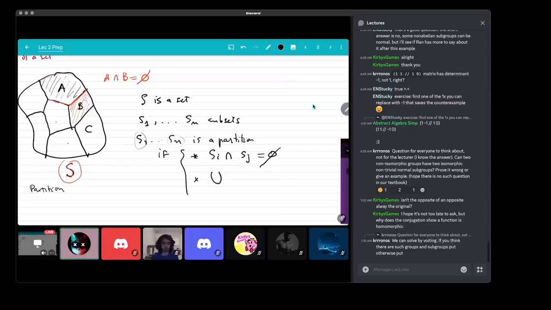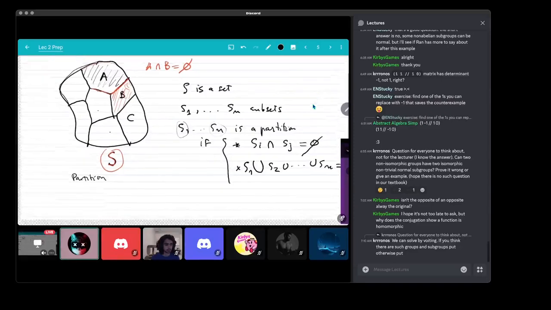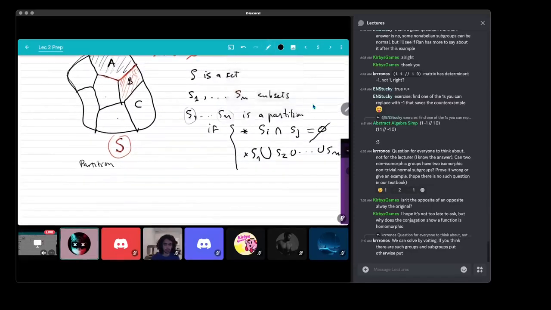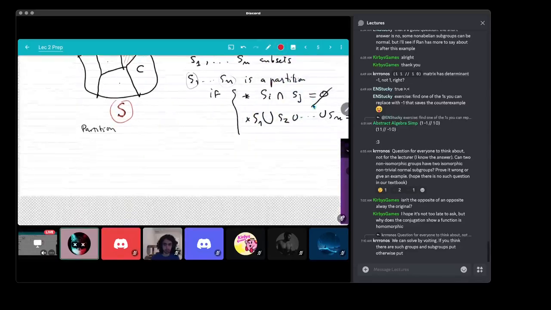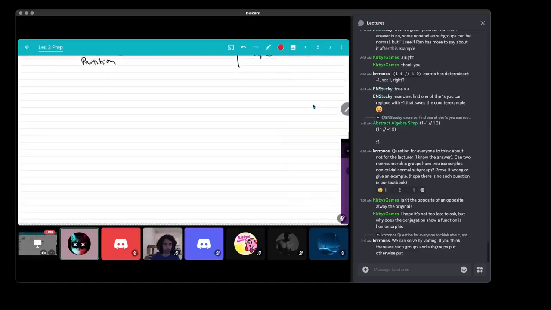And the union, so S1 union S2 and so on, is equal to the whole set. So it's in some way a perfect classification of the set, a perfect, no idea what's the right word is, but it's better to show it in counterexamples sometimes.